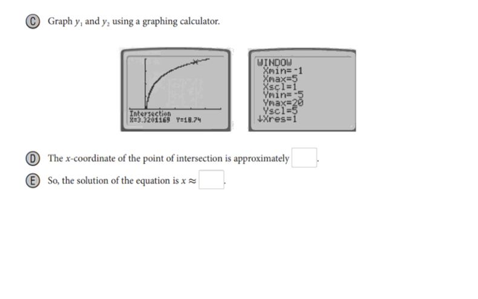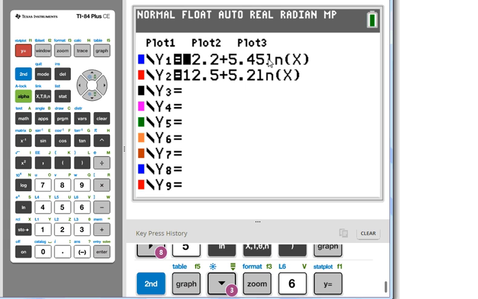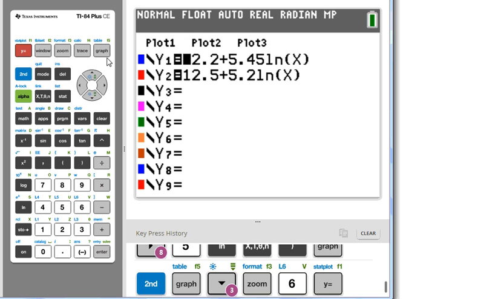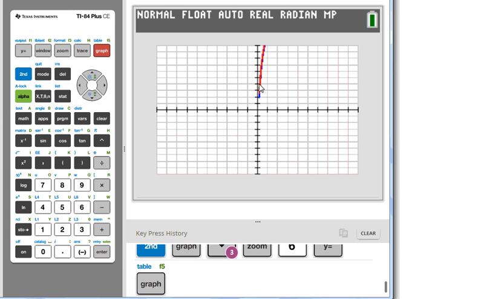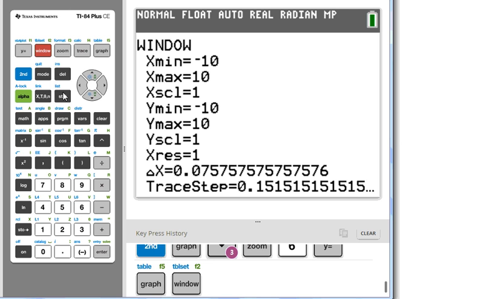Well, before starting this video, I went and entered these two equations, and here they are entered. If you press graph, we see them kind of together. We're going to change the window to better view what's going on.